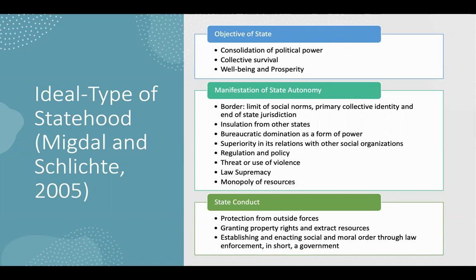When it comes to bureaucratic domination and superiority, countries which have this autonomy should have the ability to establish their power by controlling the way that those companies, the multinational corporations, work in their territory and among the populations. Which means that if there are any regulations that a country is opposed to, that means that a country should have the ability to negotiate as much as possible and force its preferences towards those social organizations in order to obey the rules.